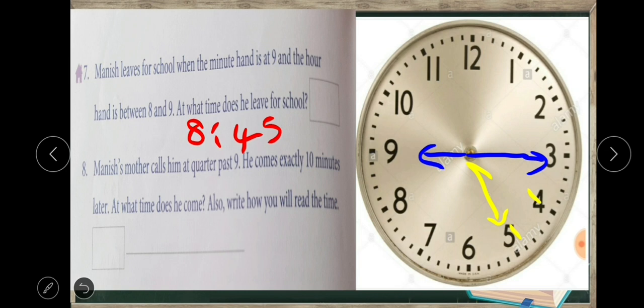Yes, 9:25. Quarter past 9 means 9:15. Ten minutes late means 9:15 plus 10, 9:25. Then how do you read the time? 25 minutes past 9.